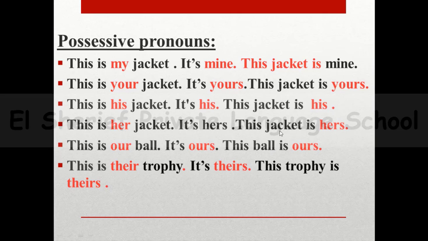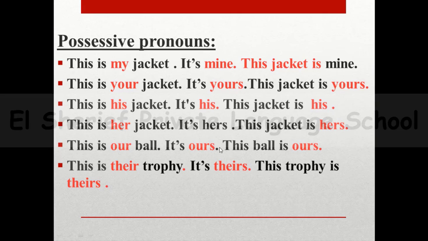I start with the noun and then put the possessive pronoun at the end of the sentence and only put a full stop after it. Okay, don't forget in this sentence that we used ours instead of using our, and we cancelled ball and put only ours.